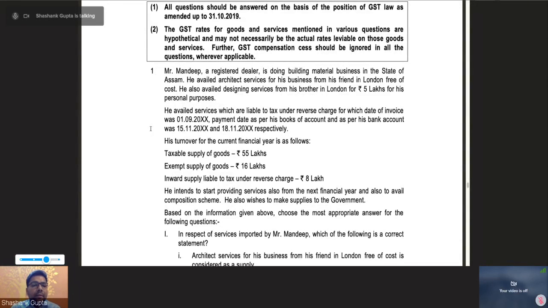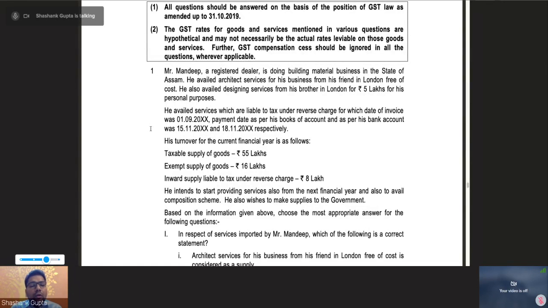So 1st of September plus 61. So basically 30 days in September, 31 days in October, and 1st of November will be the 61st day.